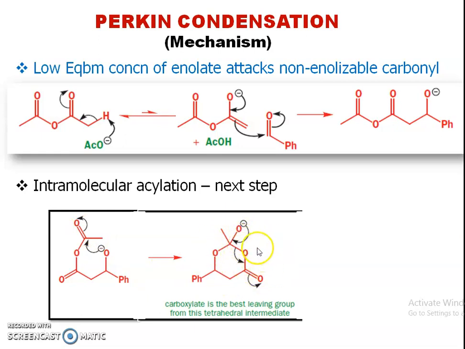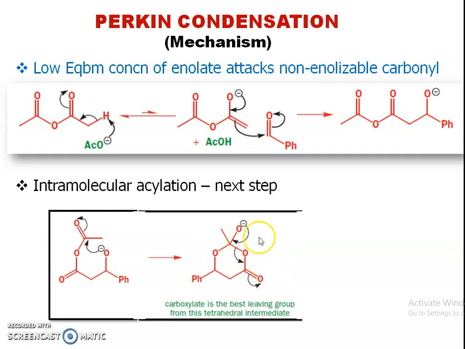In this tetrahedral cyclic intermediate, the oxyanion comes back to form a double bond, and one of the single bonds has to break.